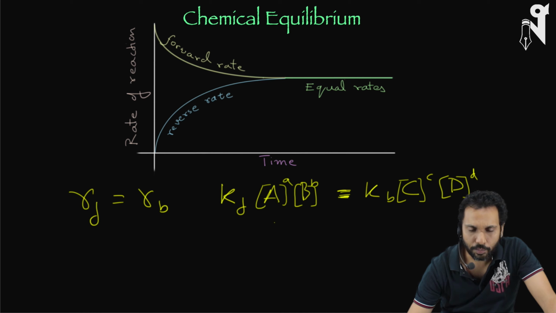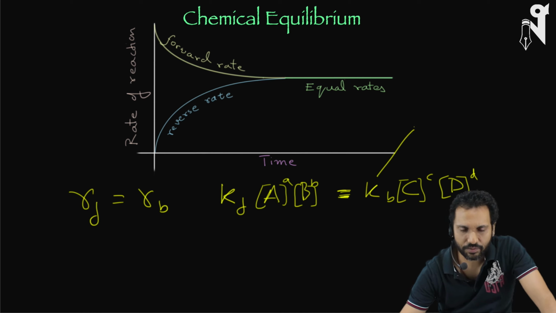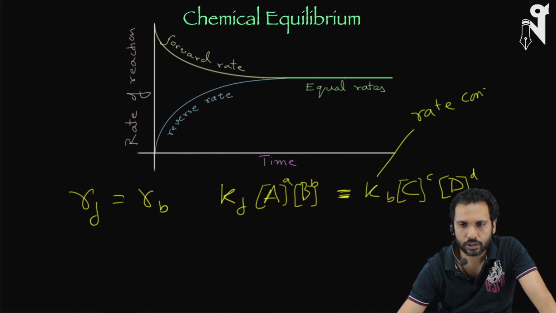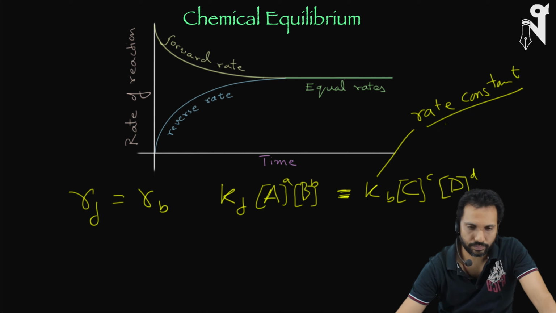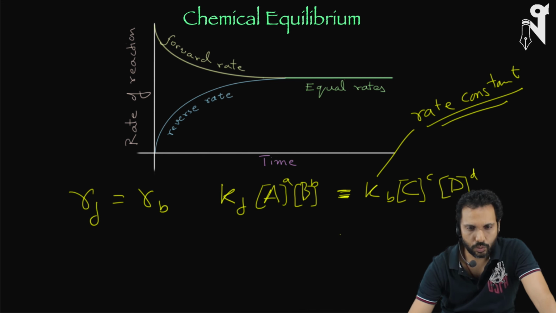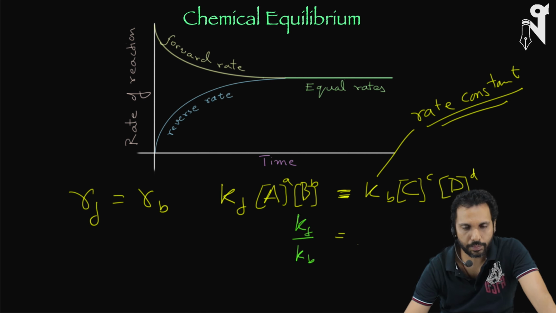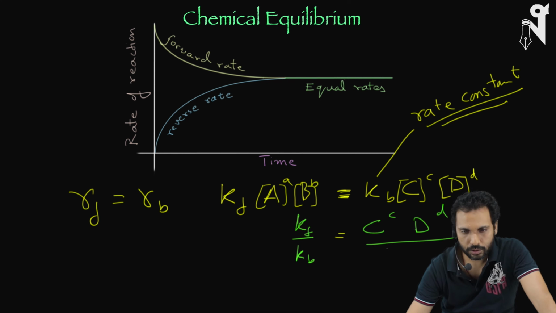By the way, this K is called the rate constant. So if I rearrange this, what I get is K forward by K backwards is equal to [C] power c, [D] power d. Pardon me, let me just put the square brackets.